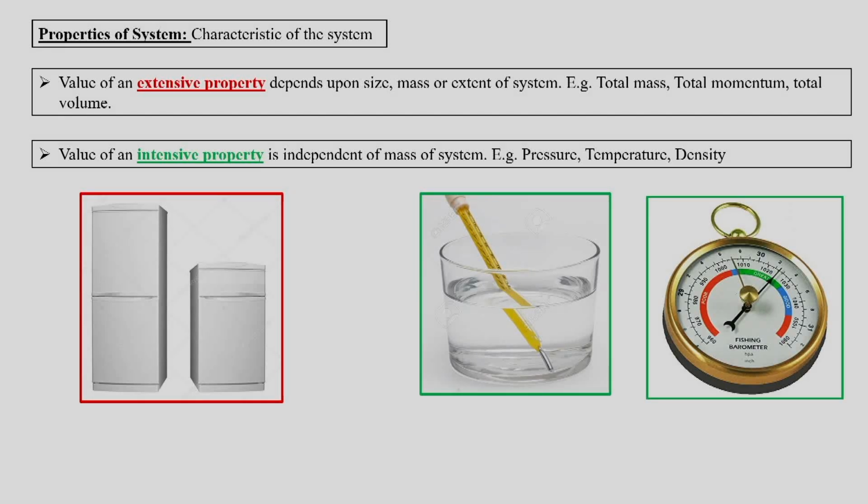Take temperature: if we take a bucket of water and immerse a thermometer in that bucket, then we will measure a certain temperature. If we remove half the bucket of water and then measure the temperature of the half bucket of water, we will see that the temperature is the same for the full bucket and for the half bucket.